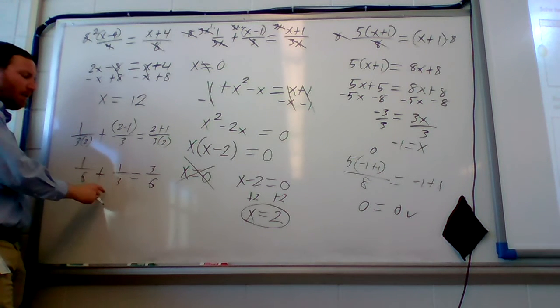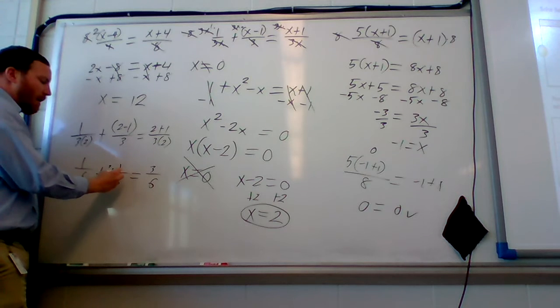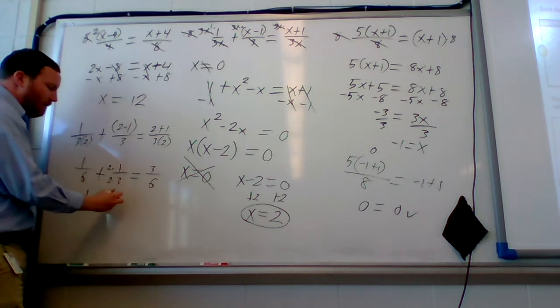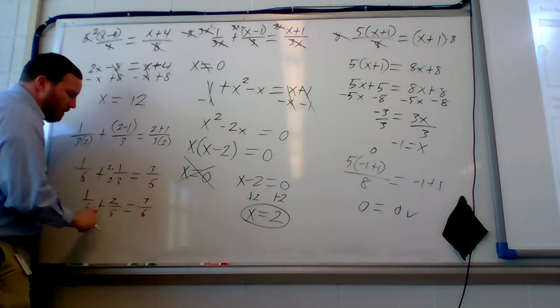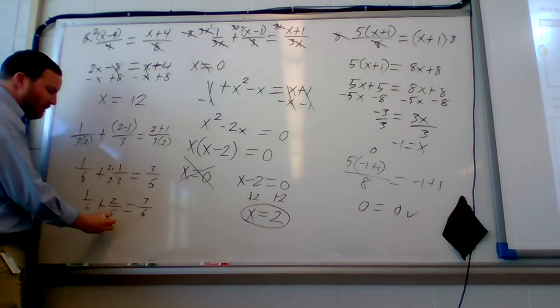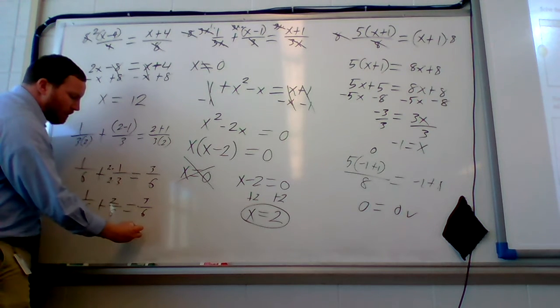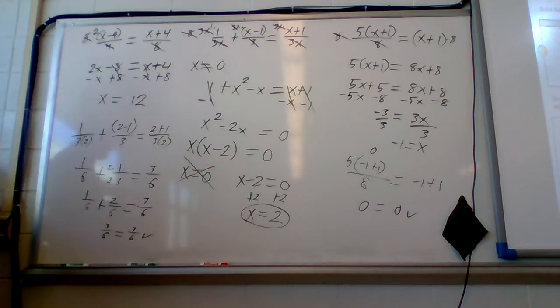We can change 1/3 into sixths by multiplying both the top and the bottom by 2. Essentially multiplying by 1. That gets us 2/6. So 1/6 plus 2/6 gives us 3/6. And that equals 3/6. So it does check out for 2.